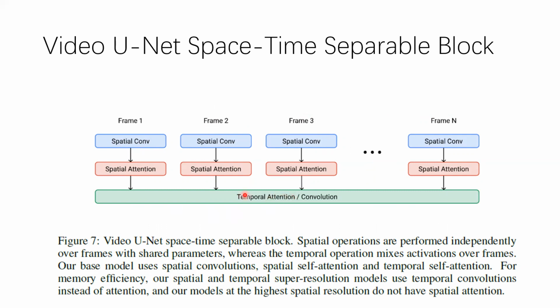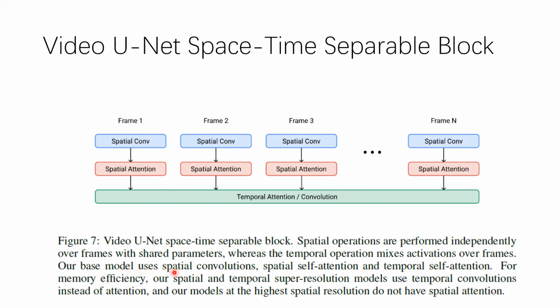And then they have temporal attention or temporal convolution that mixes all the frames' temporal information together and outputs the video with temporal resolution. Spatial operations are performed independently over frames with shared parameters, whereas the temporal operations mix these activations over frames.